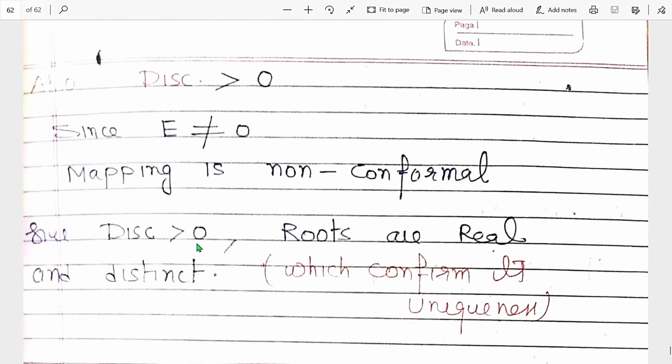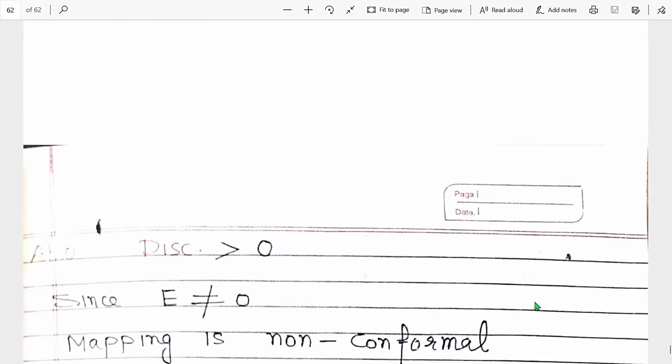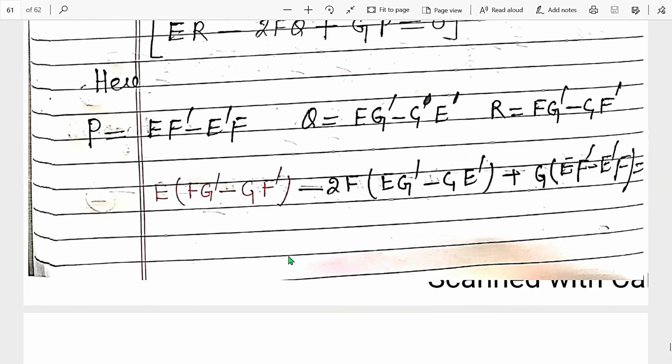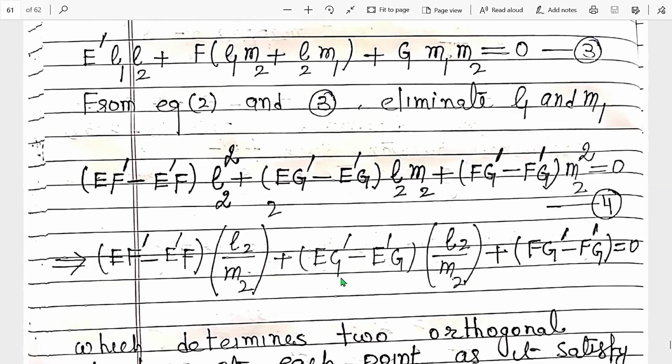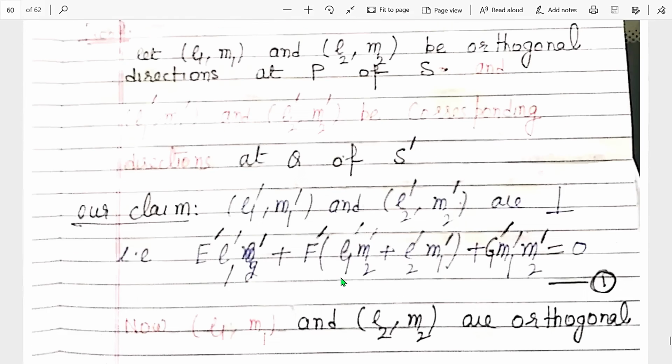So since the discriminant is greater than 0, the roots are real, distinct and real. Roots being real and distinct also confirm the uniqueness. So in this way, we can prove this result.